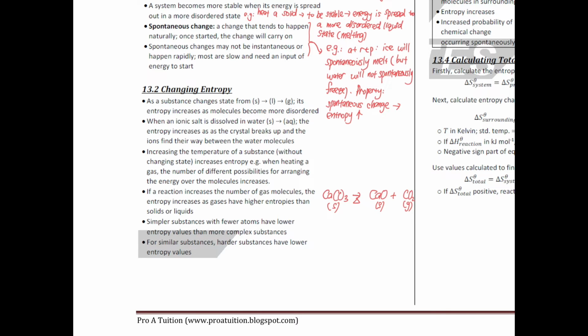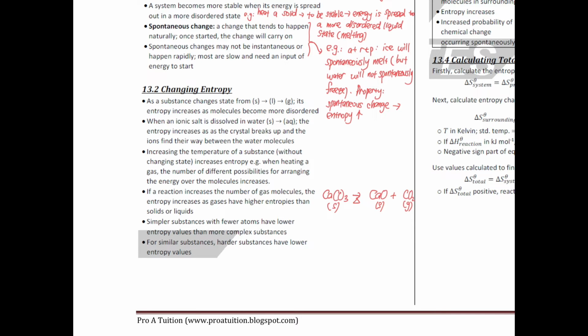All kinds of shapes and all kinds of disorderliness. So because of that, the entropy is greater. If they are simple, then they don't have a variety of structures, and the entropy is lower because it is more ordered. Okay, so next one.